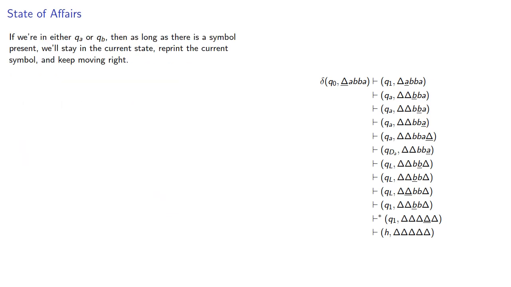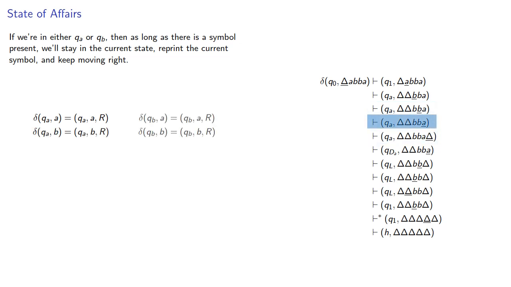Now if we're in either QA or QB, then as long as there's a symbol present, we'll stay in the current state, reprint the current symbol, and keep moving right. So if we're in QA and read an A, then we stay in QA, reprint the A, and move right. And if we read a B, we'll reprint the B and move right.